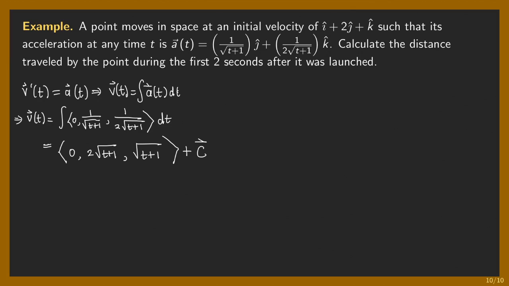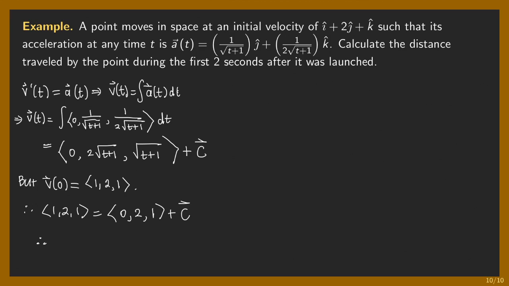We are given that the initial velocity is i plus 2j plus k, so that's 1, 2, 1. Therefore, the value of v is 1, 2, 1 whenever t is 0. When t is 0, this is 2. When t is 0, the third component is 1.